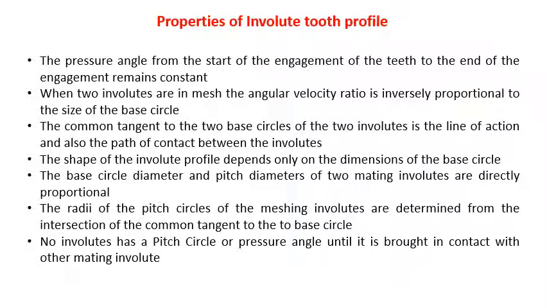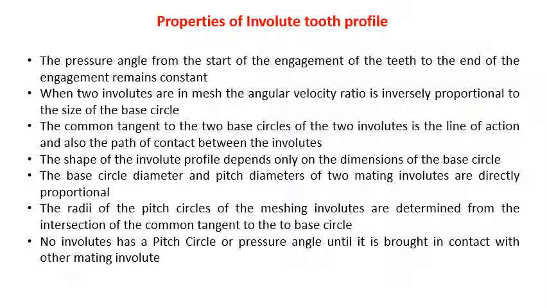Then the shape of the involute profile depends only on the dimension of the base circle, because the base circle defines the size of the tooth profile. Here in case of involute also it depends mainly on the size of the base circle. Then the base circle diameter and pitch diameters of two mating involutes are directly proportional.